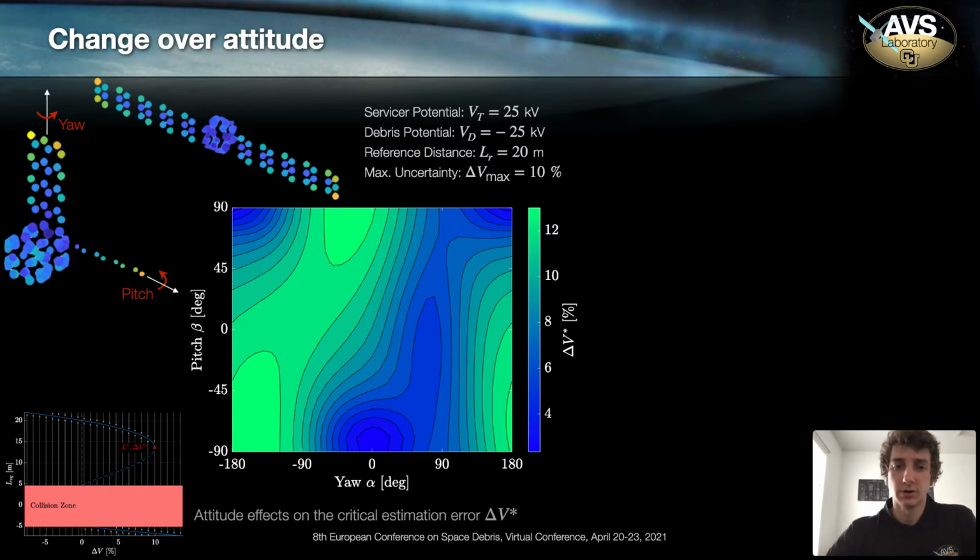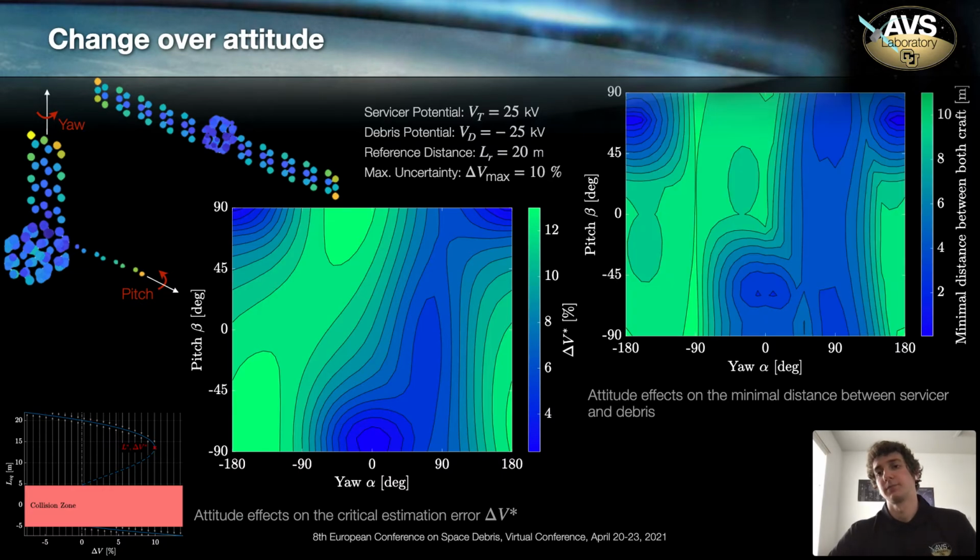And these dark blue regions here, here, and here actually correspond to those orientations where some of the debris protruding structures, such as the solar panel, are directed towards the servicing satellite. And these worst case orientations don't just decrease the critical estimation error, they also decrease the minimal separation distance between the servicing satellite and the debris.